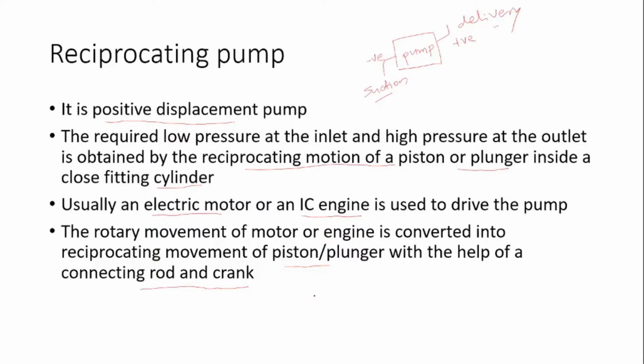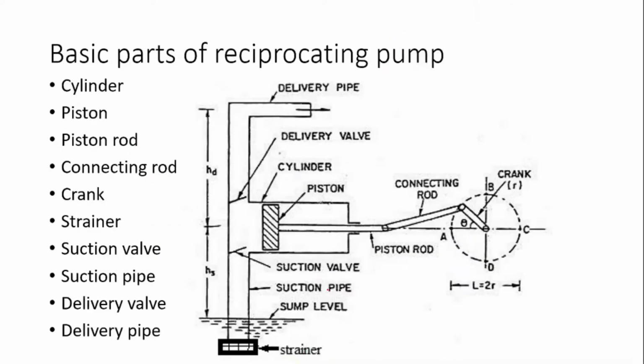This is similar to the case of an IC engine, where the reciprocating movement of the piston is converted into a rotary movement with the help of a crank and a connecting rod. Here the reverse happens. So let's see what are the basic parts of the reciprocating pump.